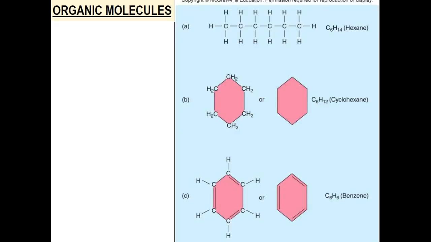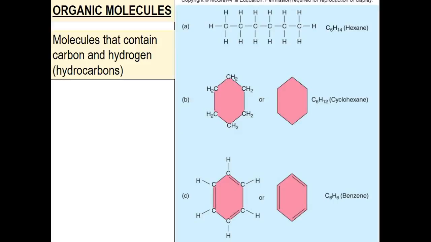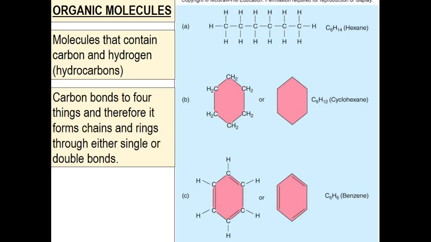Let's switch gears just a little bit and talk about organic molecules. Organic molecules, such as the ones shown in this slide, are molecules that contain carbon and hydrogen. So they are hydrocarbons. And they form because carbon can bond to four other atoms, and therefore carbon forms chains and rings through either single or double bonds, and sometimes even triple bonds.